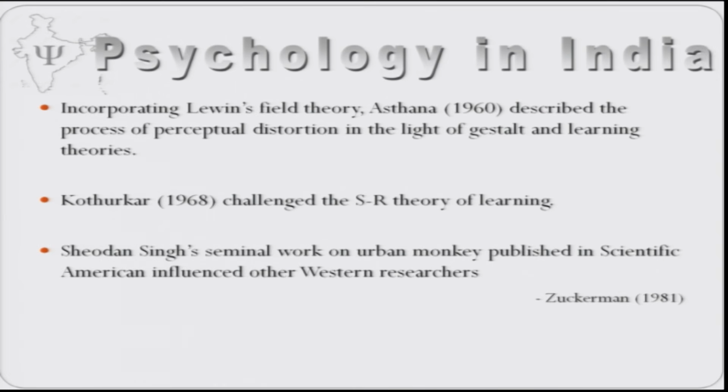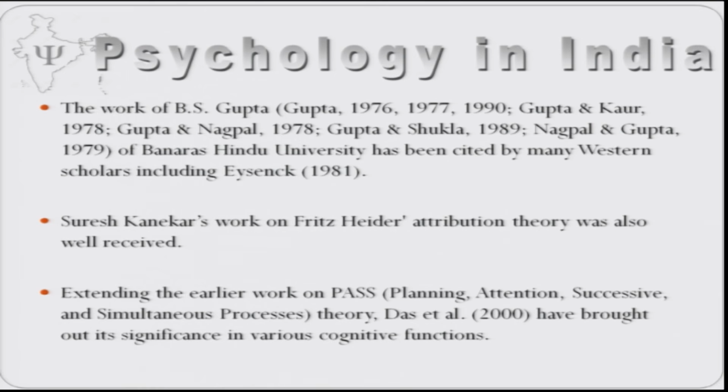And I am referring to Zuckerman's work in 1981, citing Shivdan Singh's seminal work on the urban monkeys, which was published in Scientific American and heavily influenced Western researchers. So, you can find a whole lot of Indians who have influenced Western psychologists. The work of B.S. Gupta was cited by many Western scholars, including Eysenck himself in 1981.